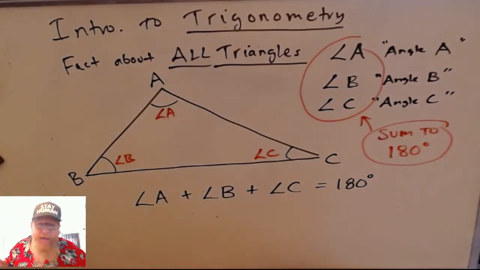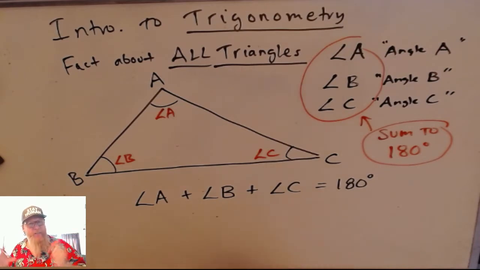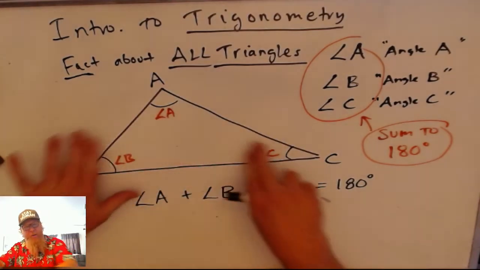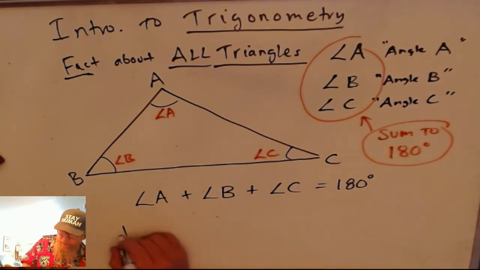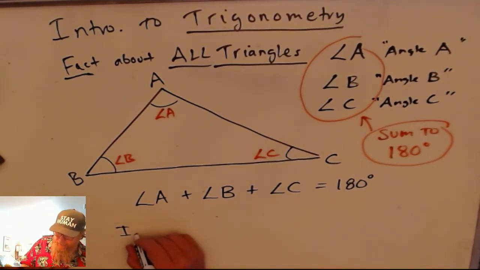I will spare you that at this point. I just want you to know it's a fact, also known as a theorem again. Interior angles theorem is the fancy way to say it. So when you add up all three interior angles, you always get 180 degrees. Okay. So we're now going to talk about what's called an isosceles triangle.